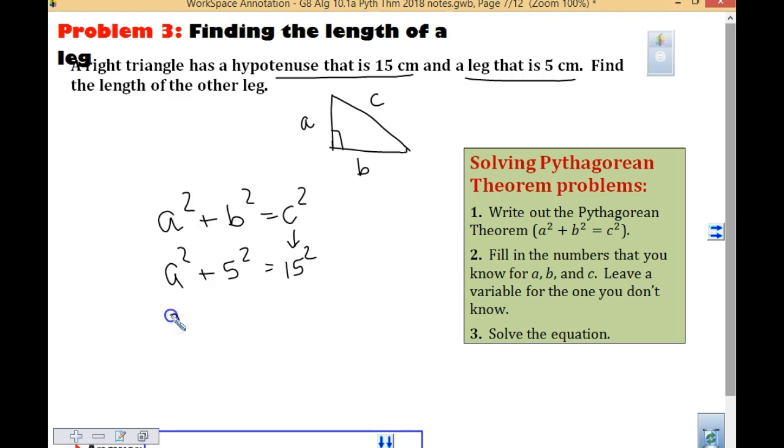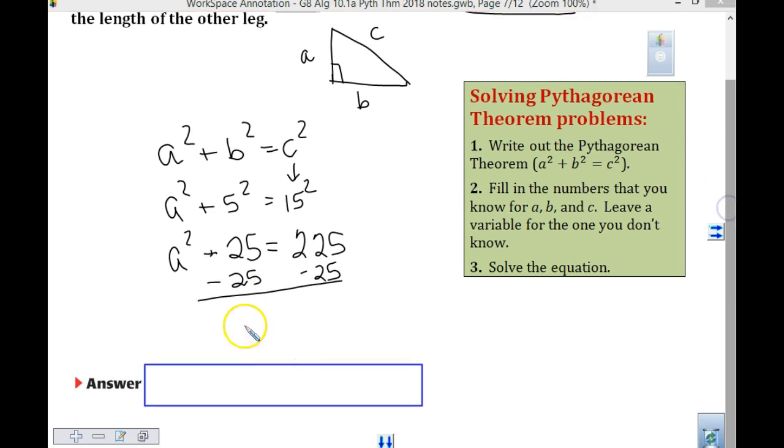Because a squared plus 5 squared is 25 and 15 squared is, we just did this one, 225. And so now you are going to subtract 25. If you don't have this worked down in your paper for your notes, please write it down. You're going to subtract 25 on both sides. When you subtract 25, we get a squared equals 200.